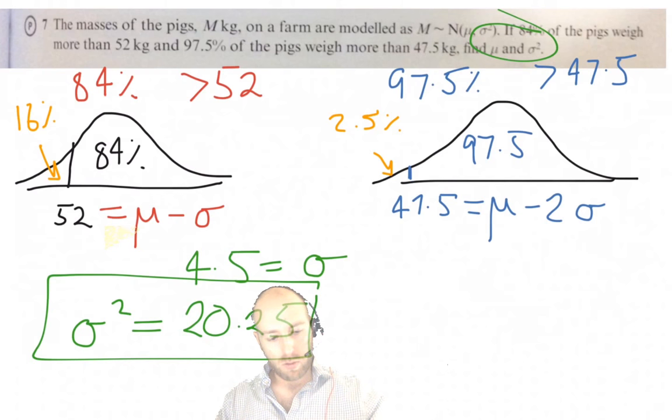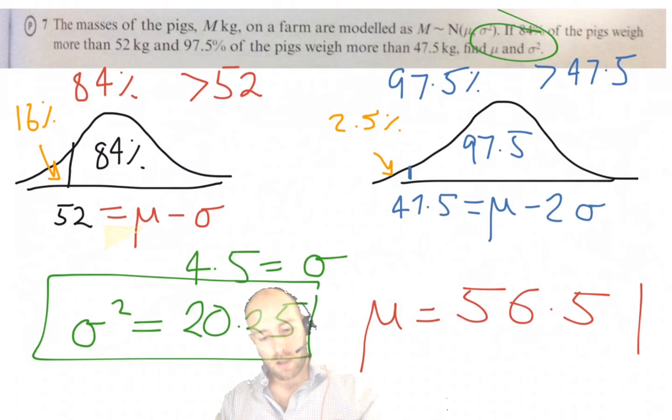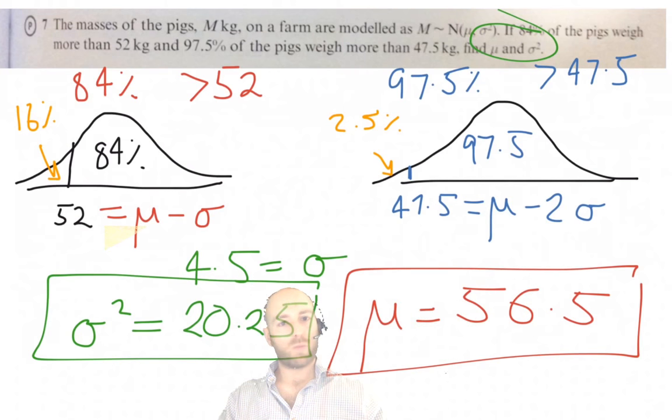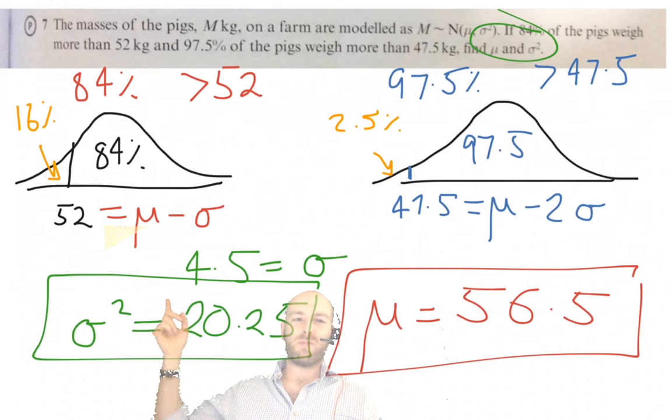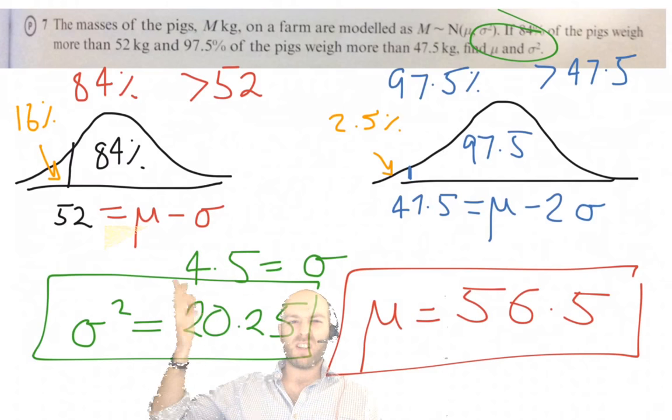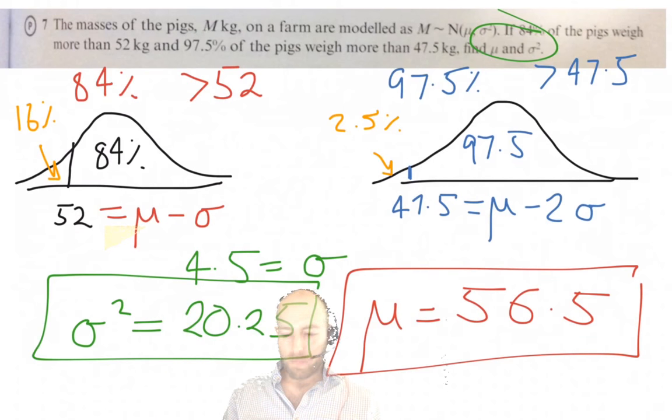So mu is 56.5. Sweet, done. Right, I'd pause that and have a look through it. I'd flick back through for your notes, because before you can remember 16 and 2.5%, it is a bit kind of new. Okay, so that's the pigs question done.